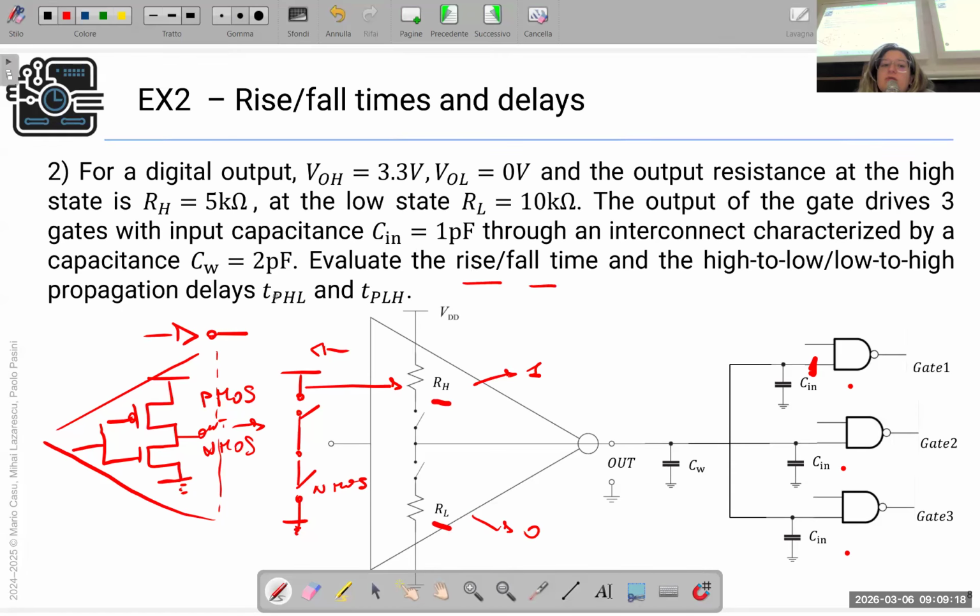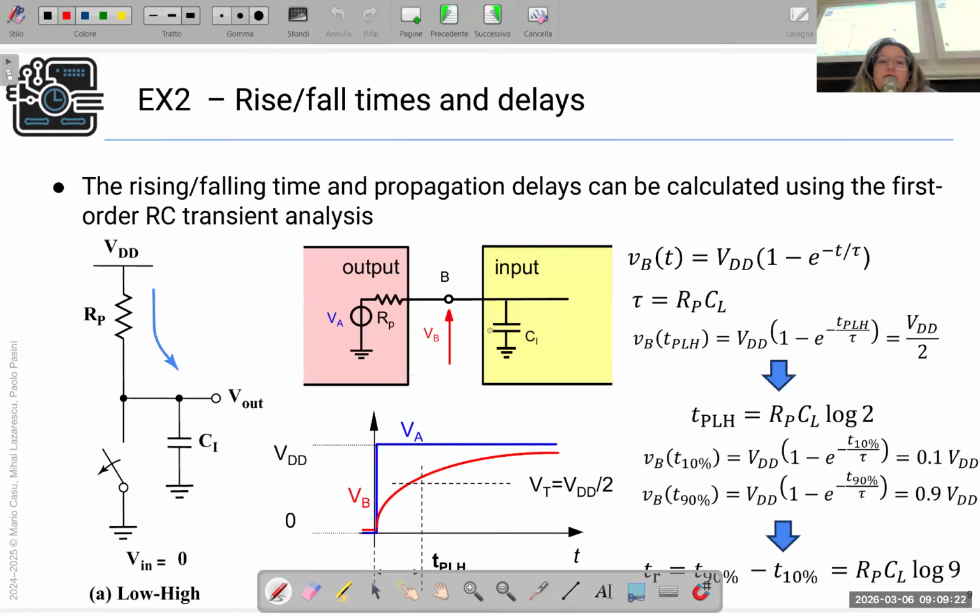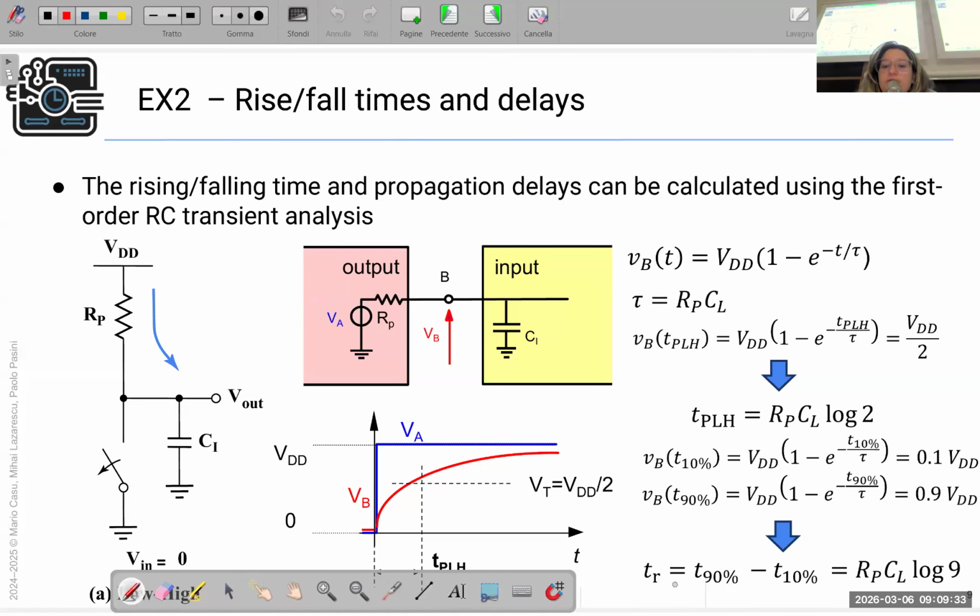Rise and fall times and propagation delay. During the lectures, the professor should tell you that the rise time is the timing to arrive at 90% of the final voltage minus the timing to arrive at 10% of the voltage.